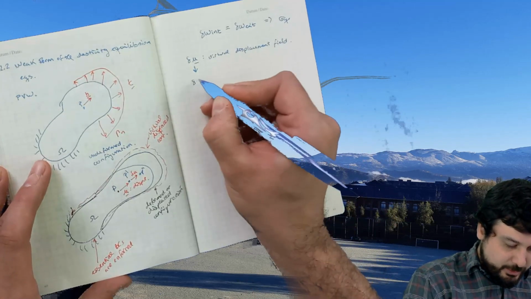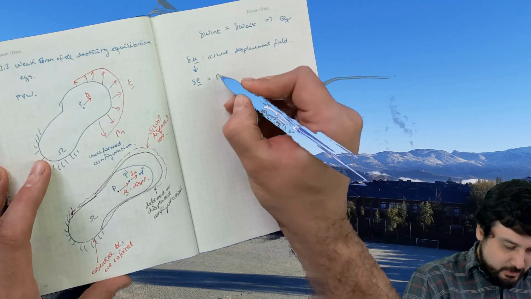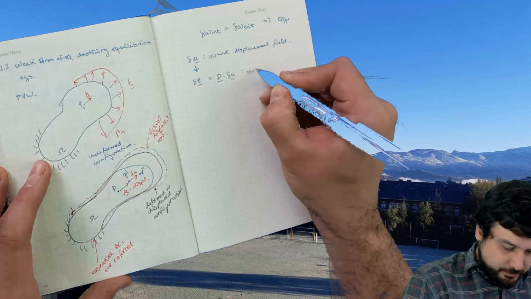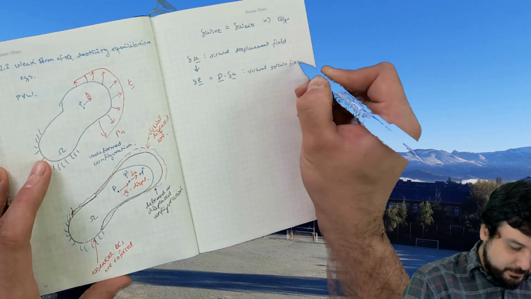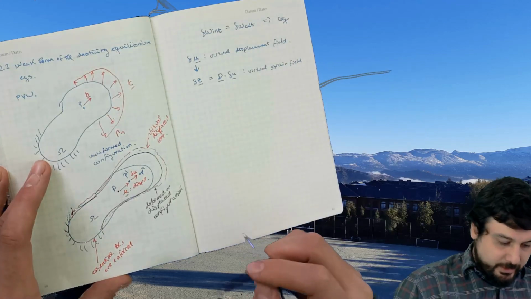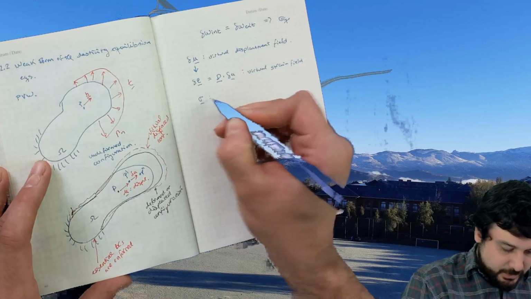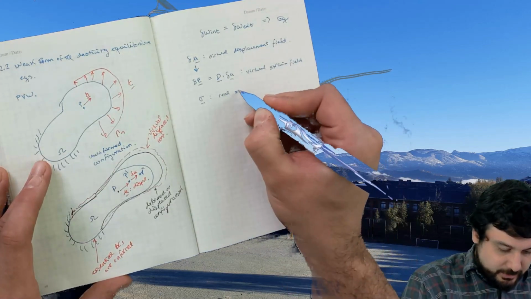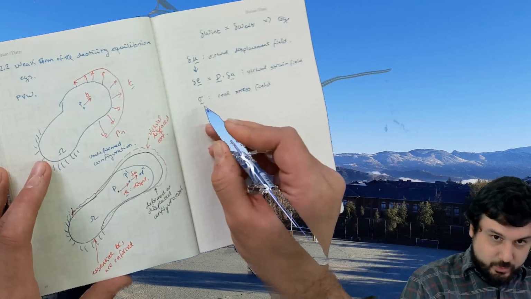So it's going to produce a virtual strain field, which is going to be equal to D applied over delta U, and this is the virtual strain field. On the other hand, we have sigma, which is the real, or the solution, right? The real stress field. So this is the one that's going to do work.